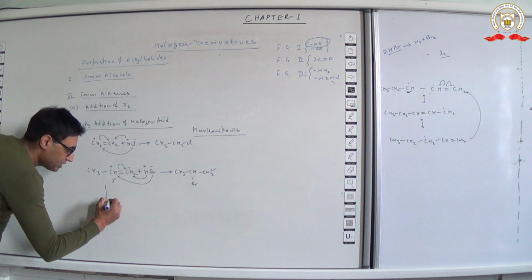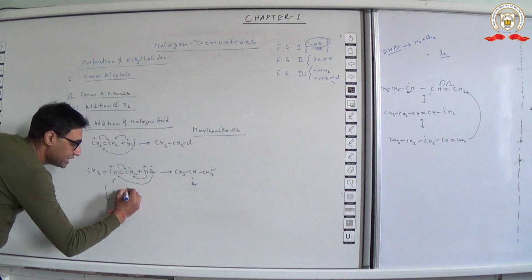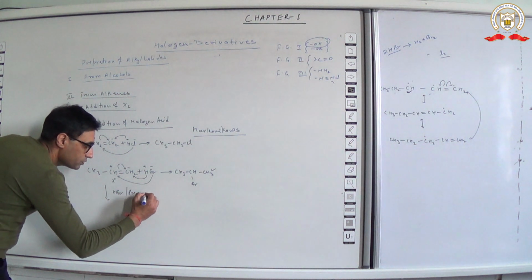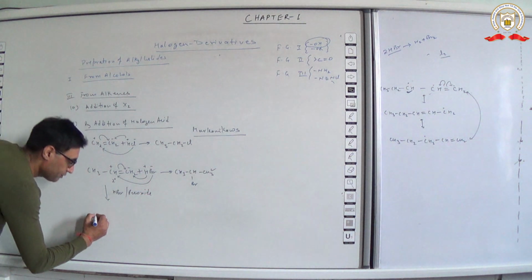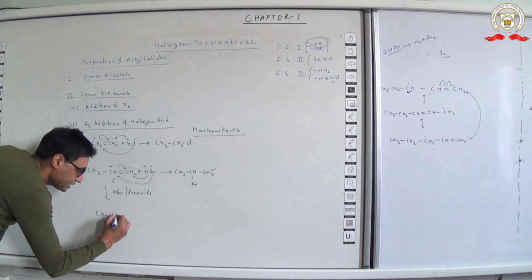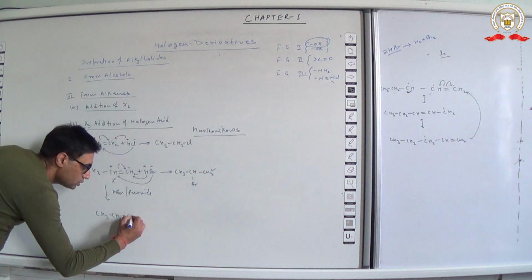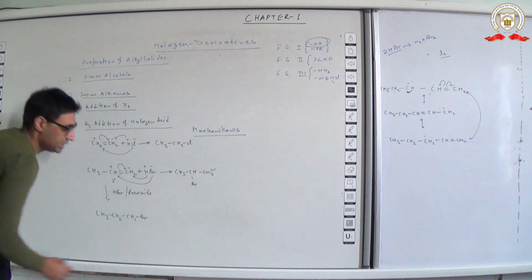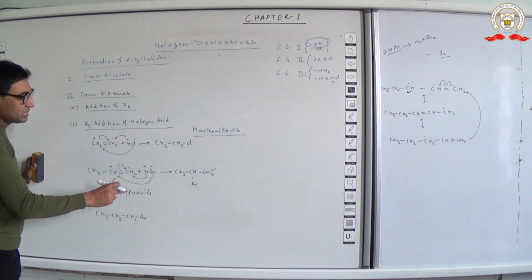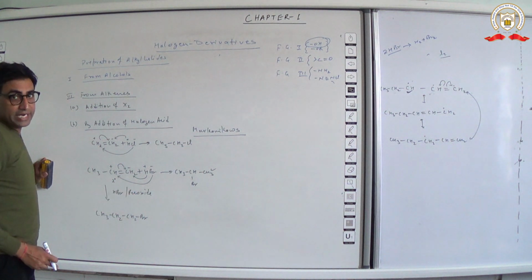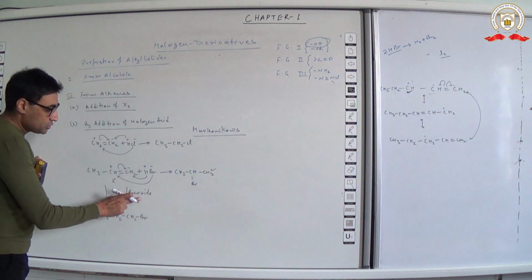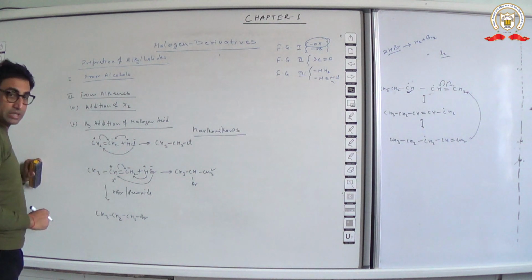But had the reaction occurred in the presence of a peroxide, I would have got a different product, that is CH3CH2CH2Br. Because in the presence of peroxide, it is free radical addition. In the presence of peroxide, homolysis would have occurred.